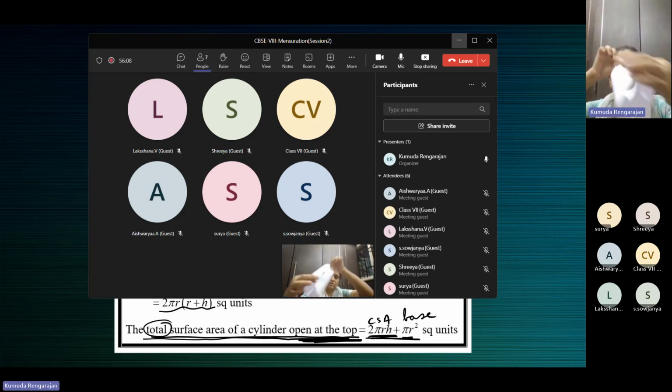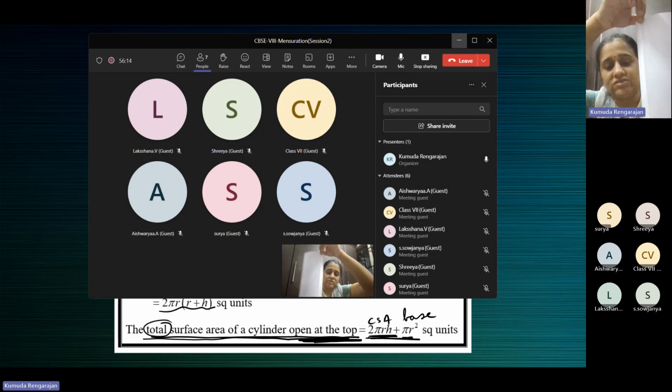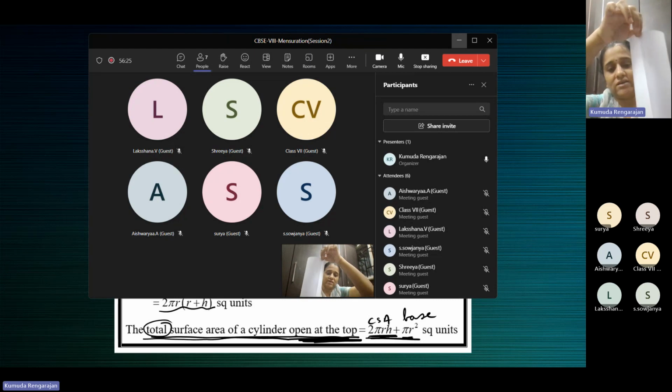So it's a circle, but how is it? It's open at the top and the bottom. You can see through. So where all is the paper used? Only along the CSA. There is no paper covering the top circle. There is no paper covering the bottom circle.